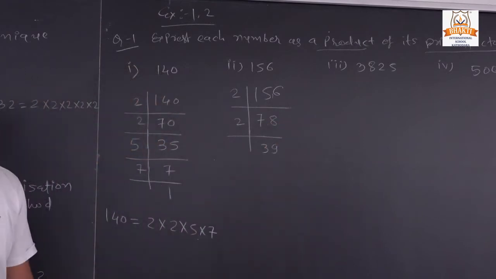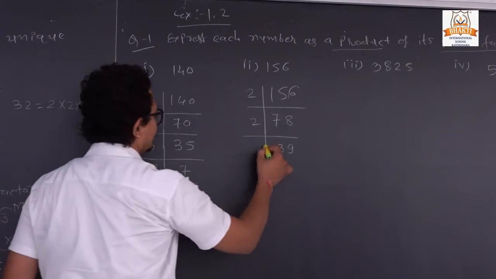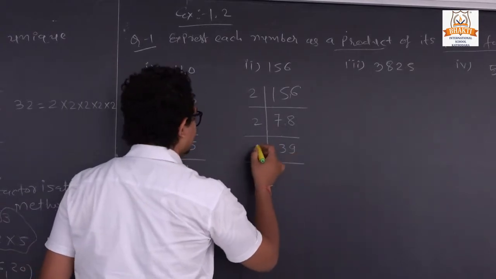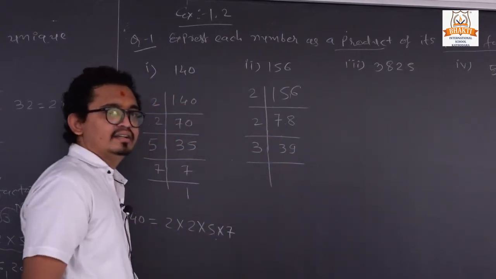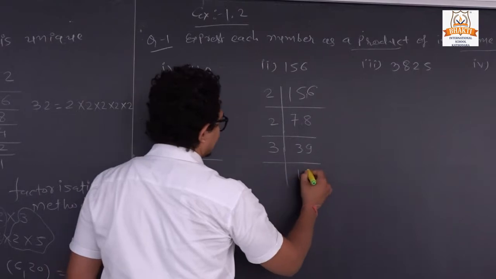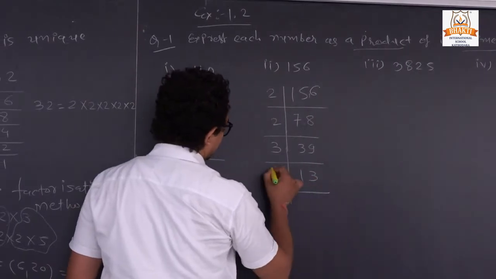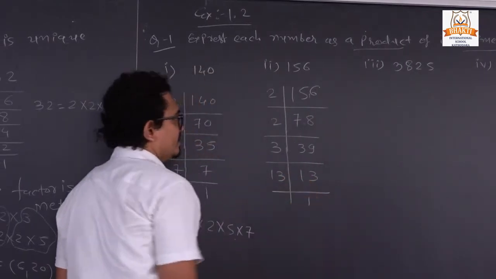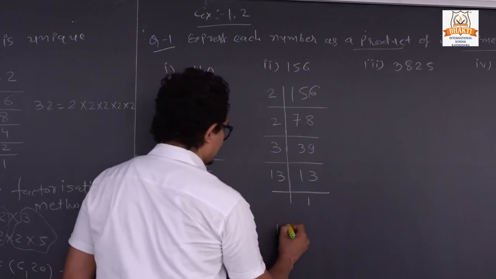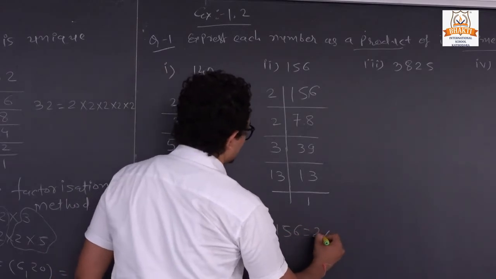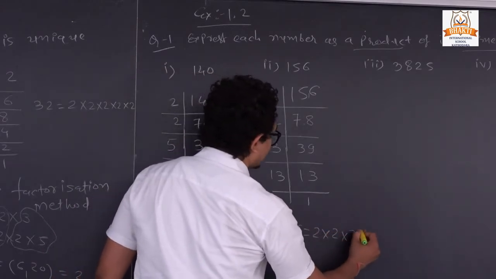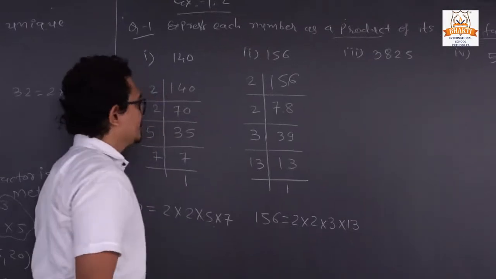So it means here we have 39. Once again it will be divisible by 3. So 3 1s are 3 and 3 3s are 9. Now 13 1s are 13. So what is the prime factorization of 156? 2 into 2 into 3 into 13.